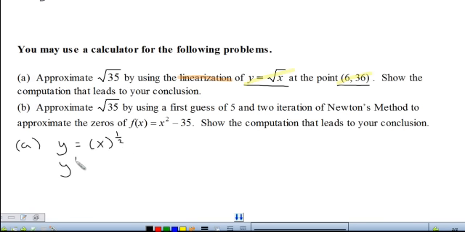So the derivative is going to be 1/2 x to the negative 1/2, or 1 over 2 square root of x. Now I'm not going to set that equal to 0 because I only do that when I'm trying to find the max or the min value or the critical points. So since this is my x value, I'm going to go ahead and substitute my 36.